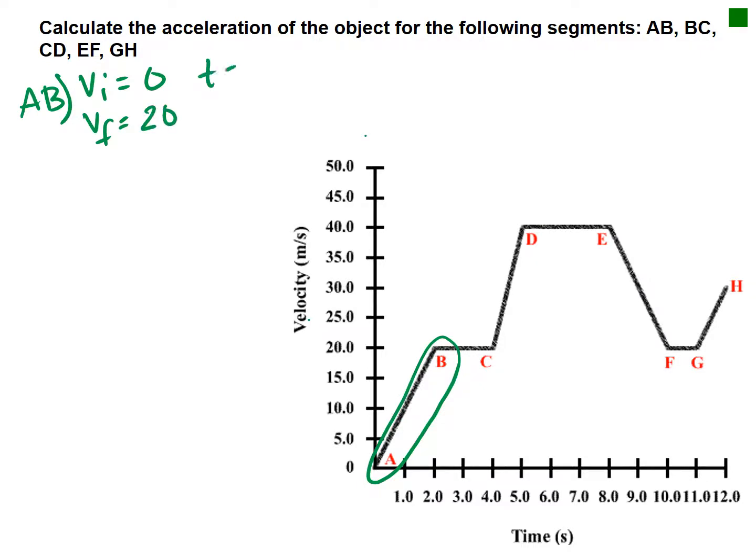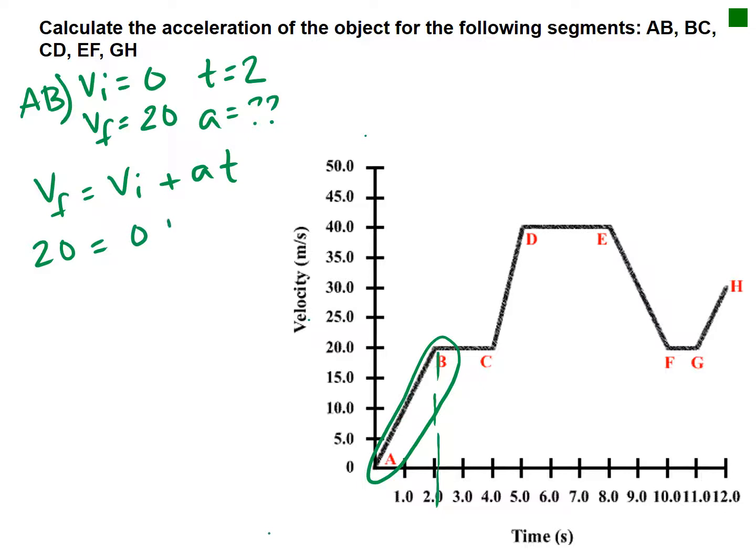The time that it takes to get from 0 to 20 is 2. And we are looking for acceleration. So VF equals VI plus AT: 20 equals 0 plus A times 2. Divide both sides by 2, and we get that A is 10 meters per second squared.